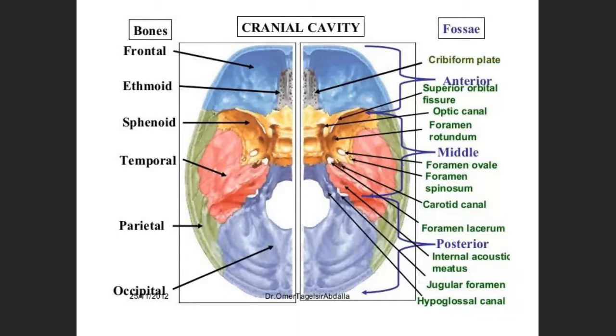Next, all these pictures are the same. Here is how the base of the skull is divided: into anterior, middle, and posterior parts. Now remember, what structures come in the anterior part? And what are the openings present in the middle part? In the middle part: foramen ovale, spinosum, carotid canal, and foramen lacerum.